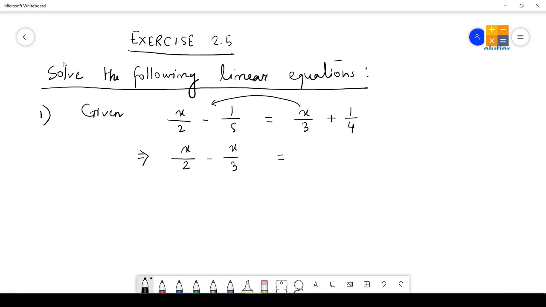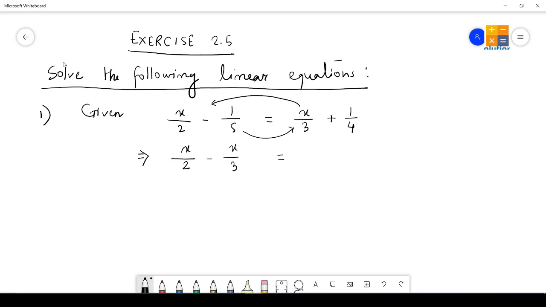At the same time one more operation can be performed. Minus 1 by 5 is a constant term not containing the variable. This can be shifted to the right hand side.